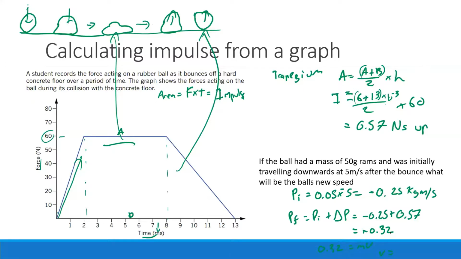The velocity is going to be 0.32 divided by 0.05, which is 6.4 meters per second.